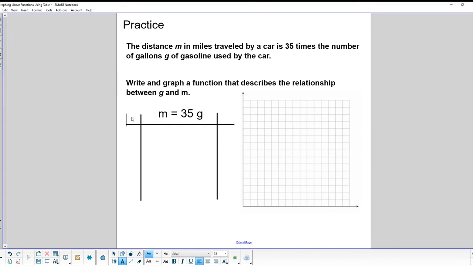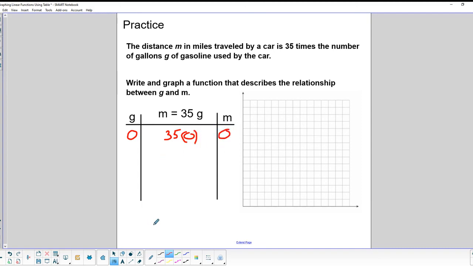So our input here is going to be gallons, and our output is going to be how many miles we drove. So we got those in place. And now we can go ahead and put some inputs in. So let's start out with, what if we put in 0 gallons? It's pretty straightforward. So 0 gallons, that would be 35 times 0, which is 0, right?